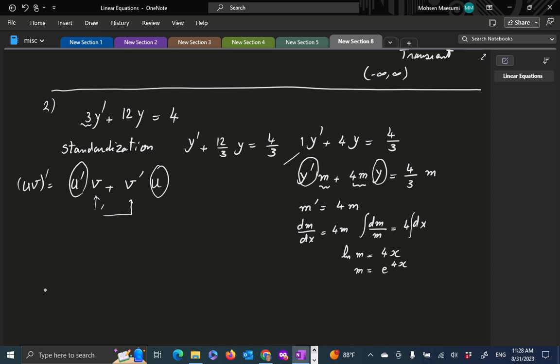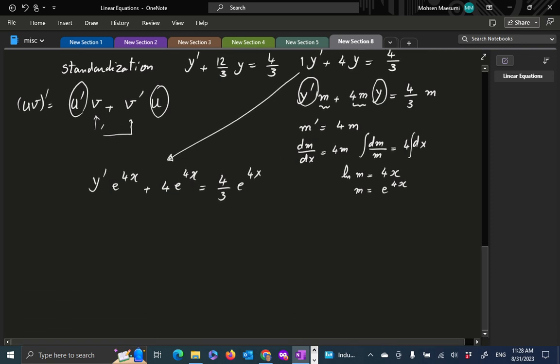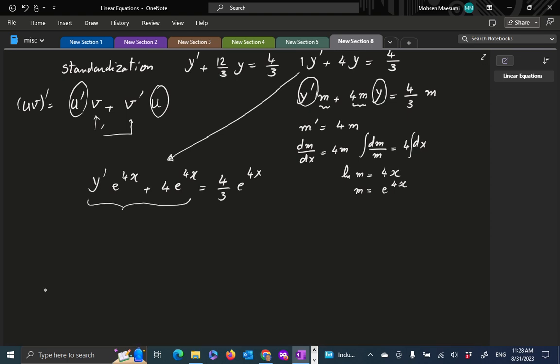So I take this: y prime exponential of 4x plus 4 exponential of 4x y is equal to 4/3 of exponential of 4x. What did this integrating factor do for us? Actually, I forgot to put the y here.